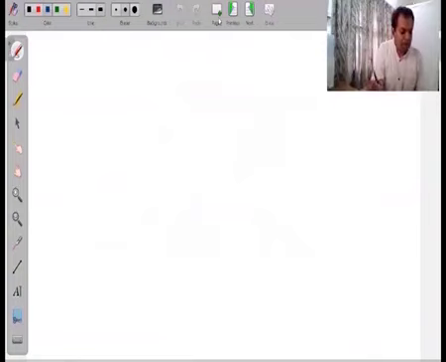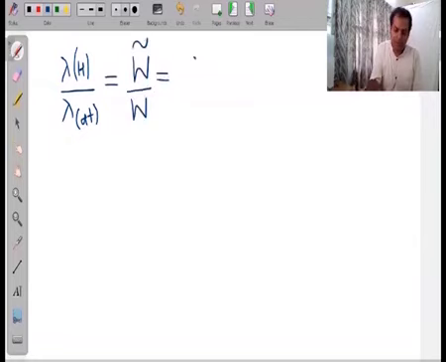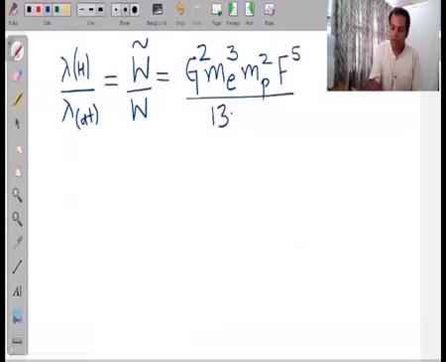Going to the next slide, we can write lambda of the hydrogen atom divided by lambda of this new atom is in the ratio of W tilde upon W, and this will give us G square ME cube MP square F raised to power 5 upon 13.6 eV.